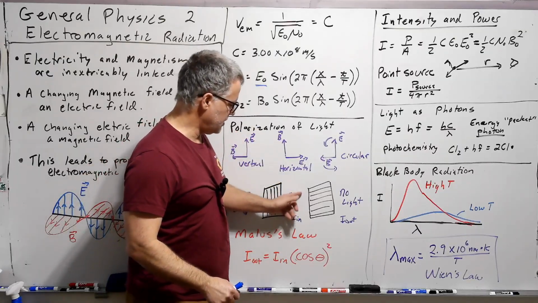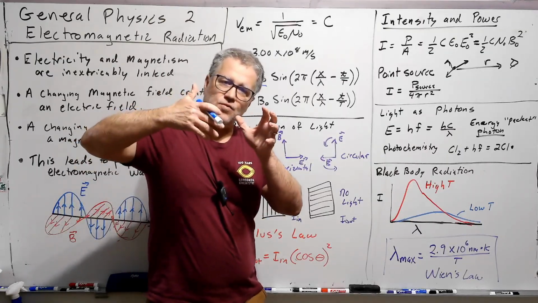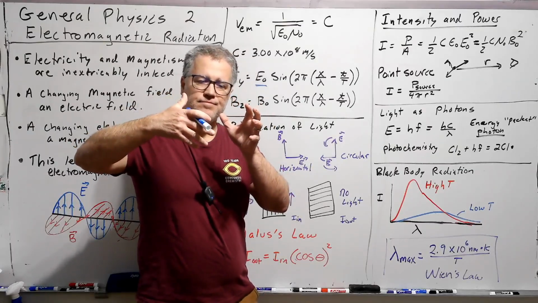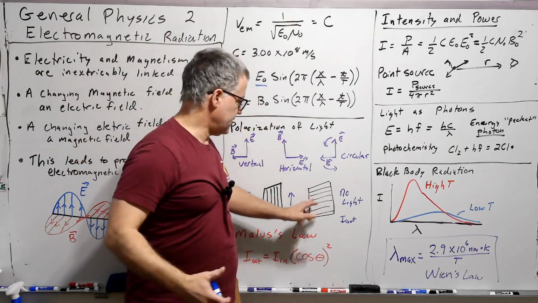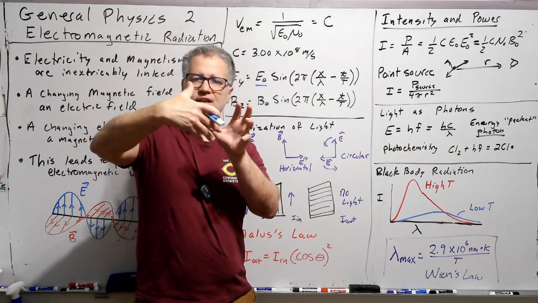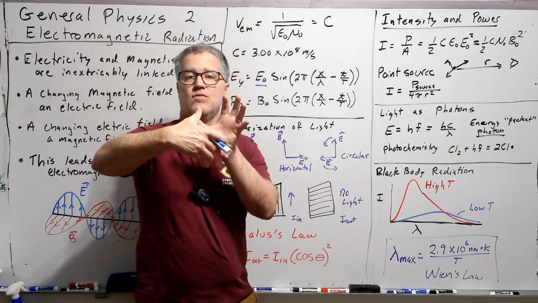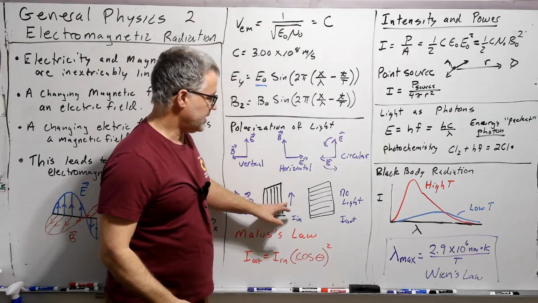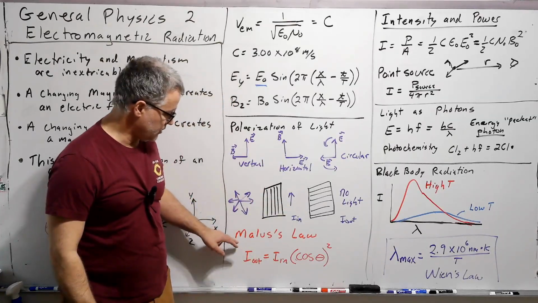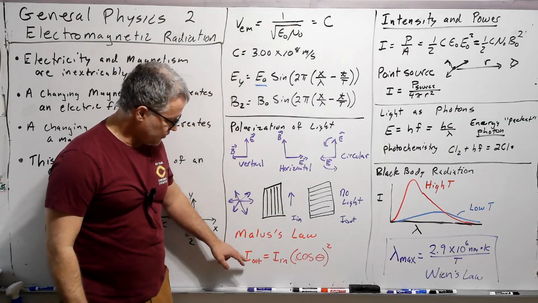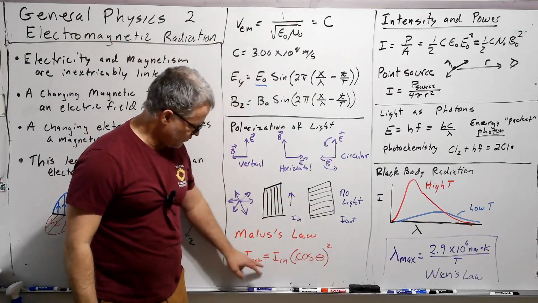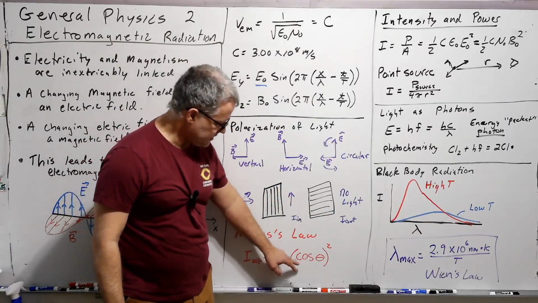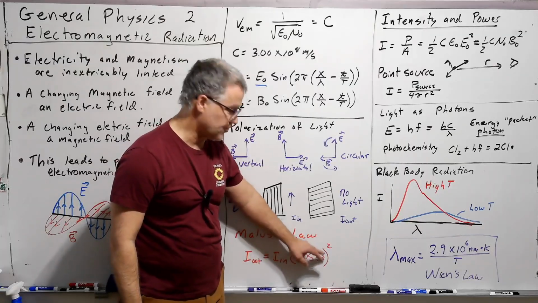If this is coming in vertically and we have an angle that isn't completely horizontal, say it's halfway or so, then some light will get through, but it'll be attenuated according to Malus's law. So the output light, the light that's coming out here, will be the input light times the cosine of the angle squared.